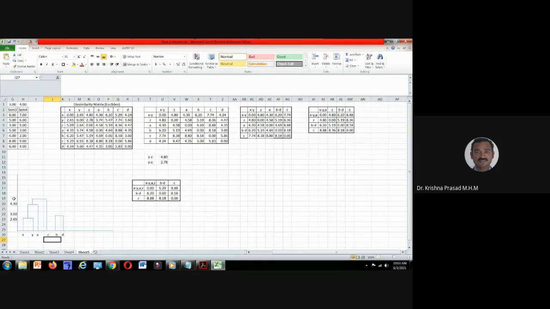This is at 4.80, right or not? Next, smallest object is 6.20. This object is going to combine with B and D at 6.20.